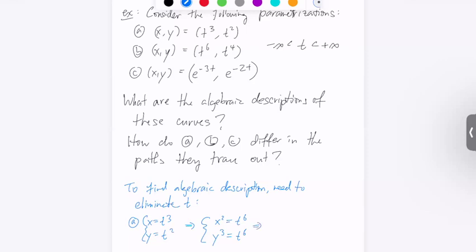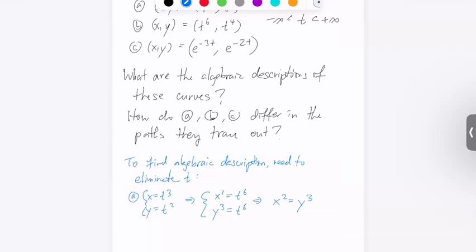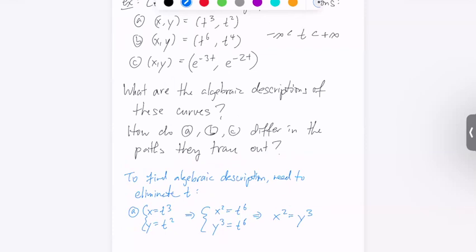In which case they're both equal to t to the 6th, and you get a description x squared is equal to y cubed. This is the same as writing x is equal to y to the 3/2, but if you want to eliminate annoying things like half powers, it's nice to have something purely algebraic like this. And what's b and c in this case?